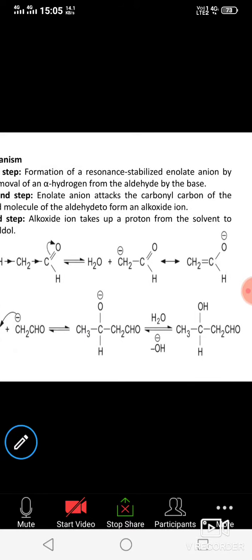So this carbanion will attack this carbon, and there is a carbon-carbon bond formation. You will get this alkoxide ion. Now this alkoxide ion will take the proton from the water, and you will get this beta hydroxy aldehyde product. This is the mechanism for the aldol condensation reaction.